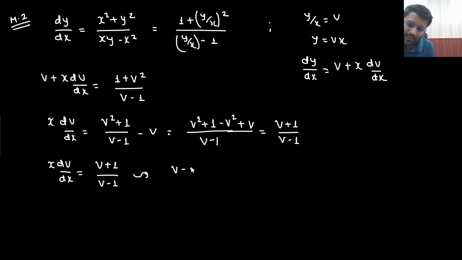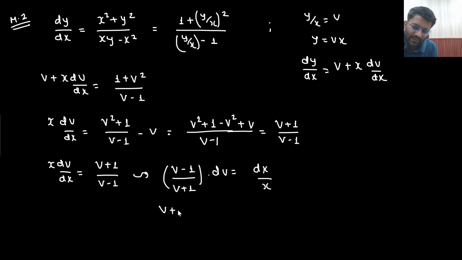So what answer are you getting? (v minus 1) upon (v plus 1) dv equals dx by x. This is what we are getting. Can you solve it now? Both sides we need to integrate, but let's try solving it here only.